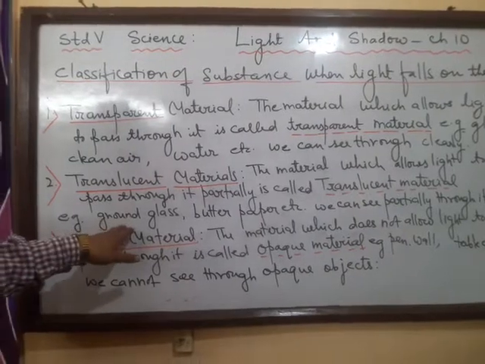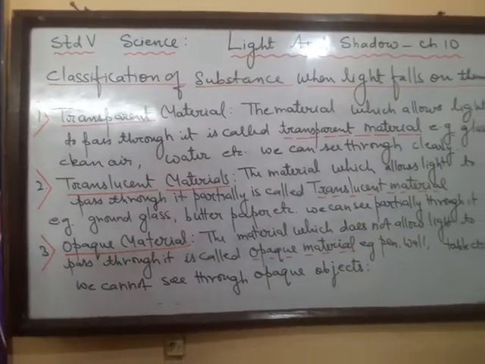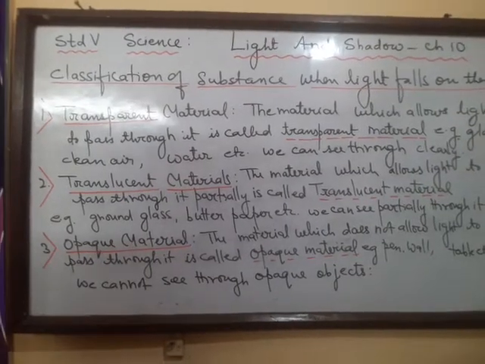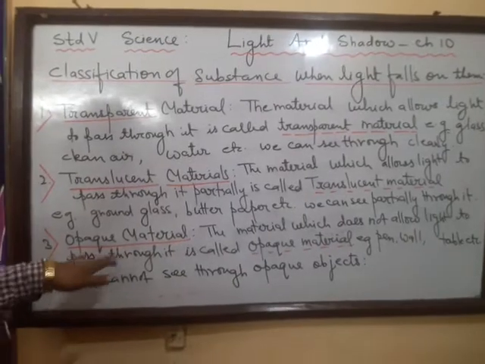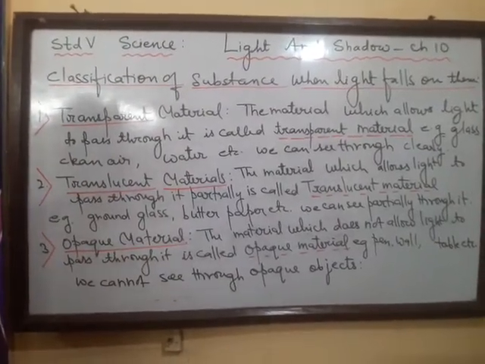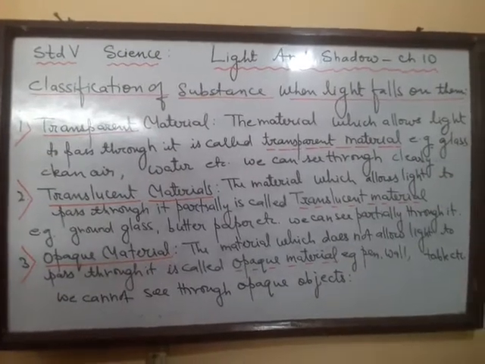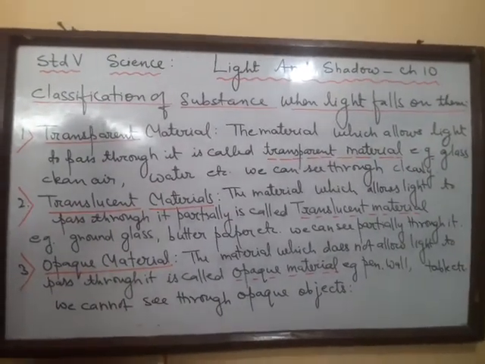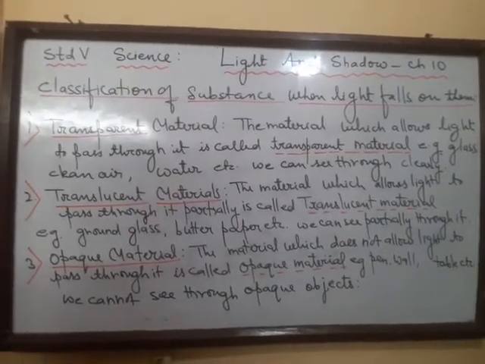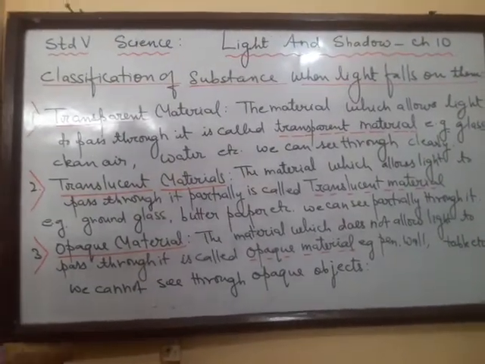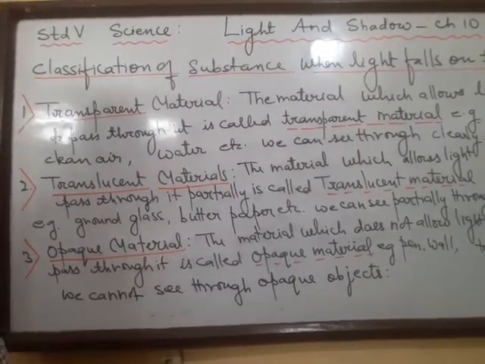Examples: ground glass, butter paper. We can see only partially through them. And the third, opaque material: the material which does not allow light to pass through it is called opaque material. Examples: pen, wall, table, chair. Obviously, we cannot see through opaque objects.